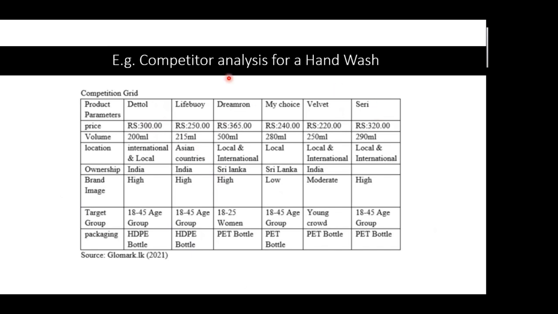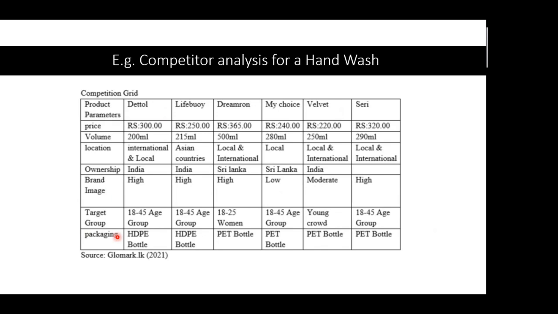And in comparing these competitors and the competitor products, they have taken certain product parameters. They are comparing the competitors under several parameters like price, volume, location, ownership, brand image, target group, packaging. Likewise, under several parameters, they have compared the competitors.